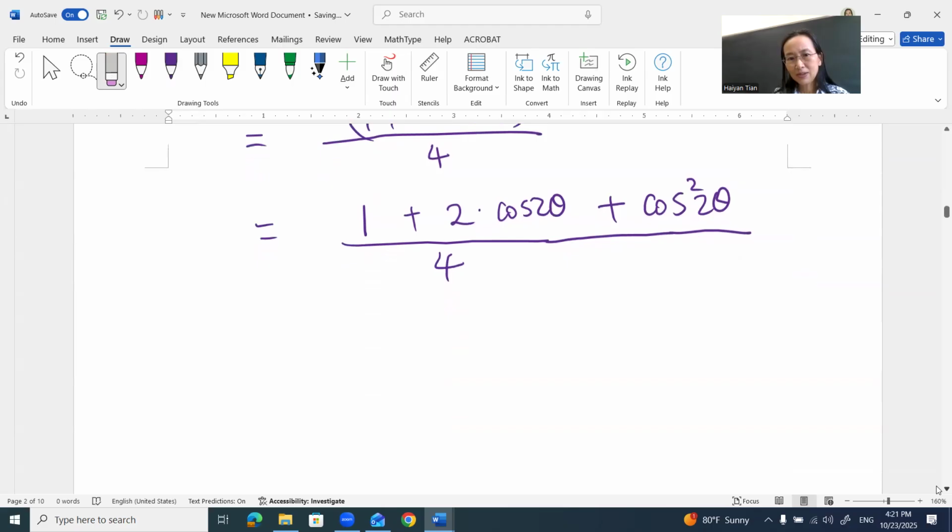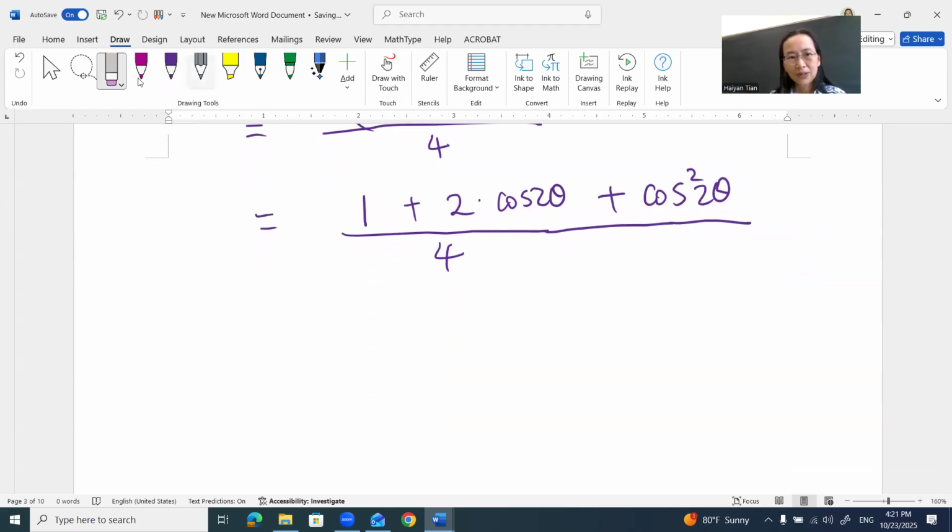And now we can see, basically we have reduced cosine to the fourth power. Now, the fourth power has become some function to the second power. So we already reduced the power, but still we can reduce it to the first power. So how do we reduce?